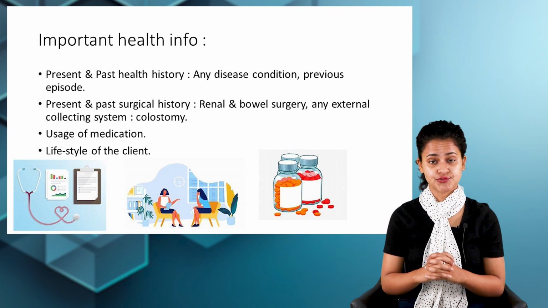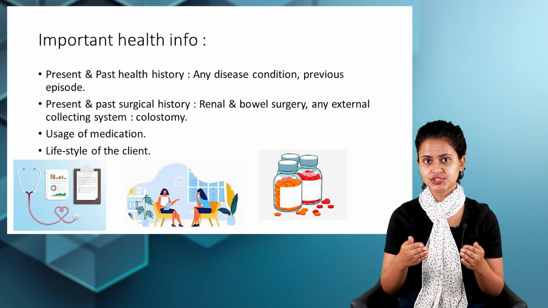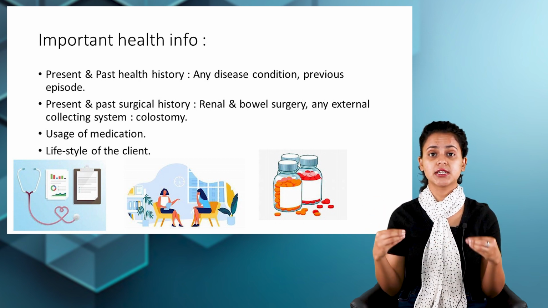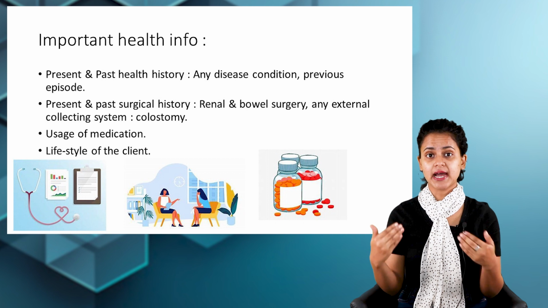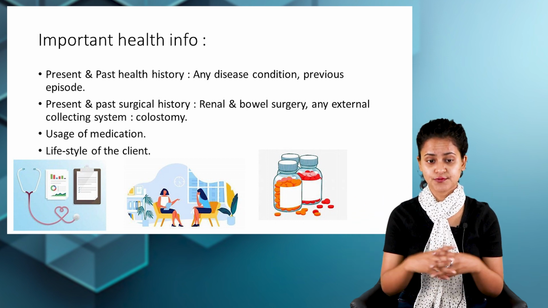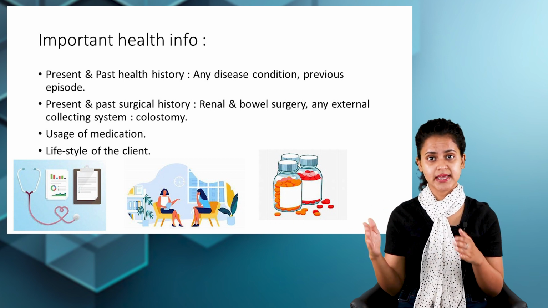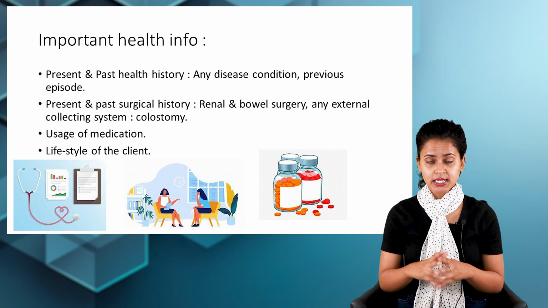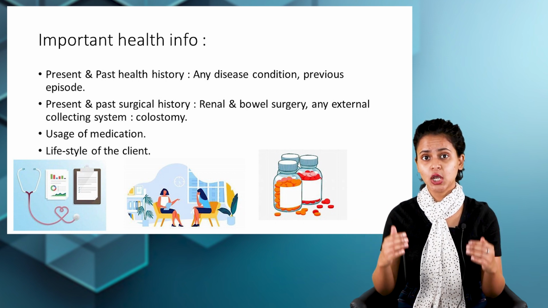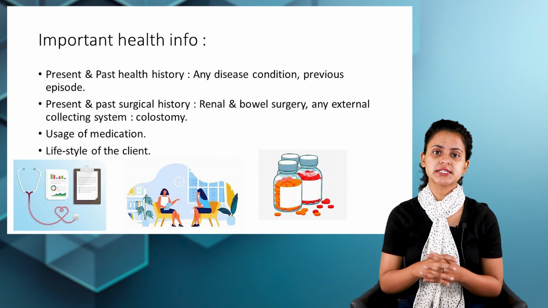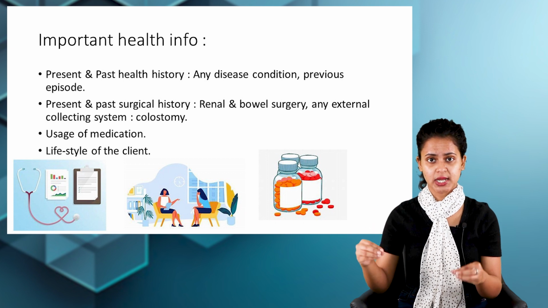Next, we collect data regarding the present and past surgical history. We focus on whether the person has undergone any surgical treatment related to the renal or bowel system, and whether any external collecting device is placed for the client, for example the presence of a colostomy. If external devices are present, or a person has undergone renal or bowel surgery, they are more likely to develop fluid and electrolyte imbalance.